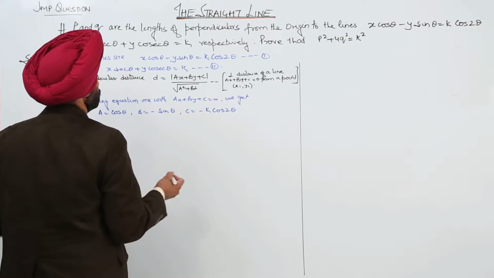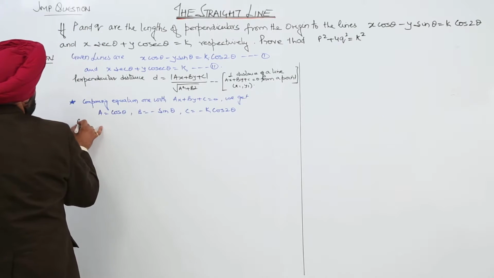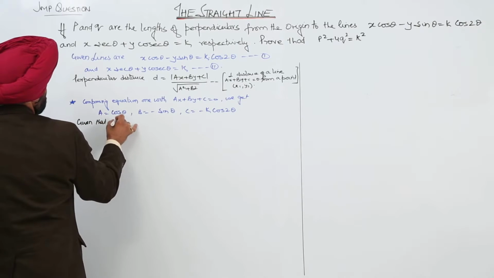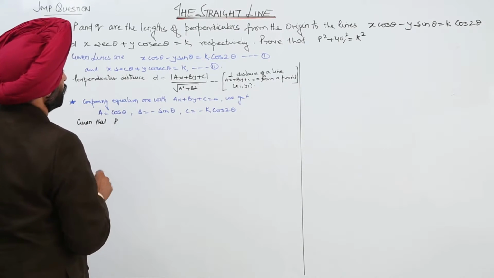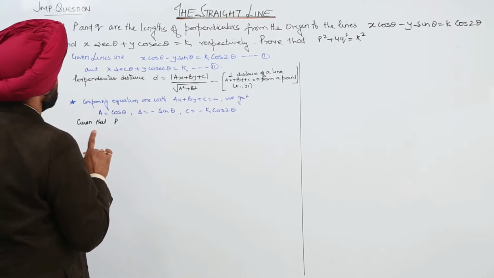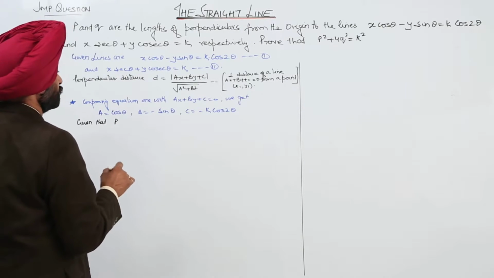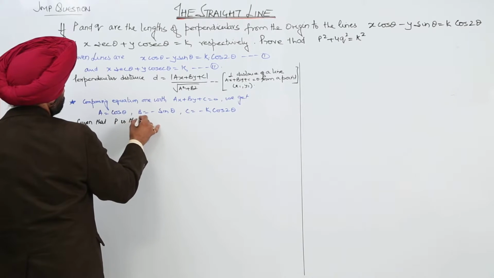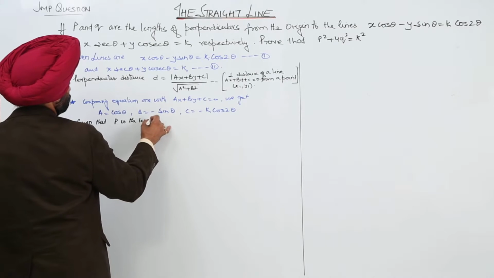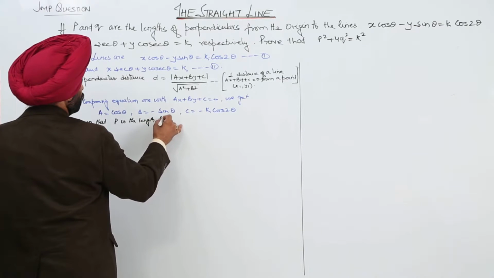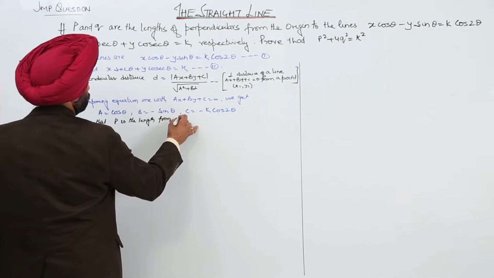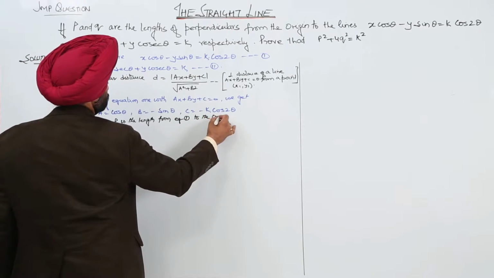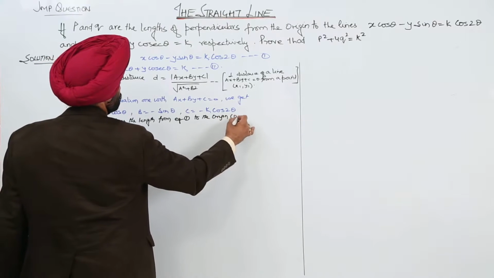first of all let me write a statement. Now for p, given that p is the length of the perpendicular from equation 1 to the origin, that is 0 comma 0.